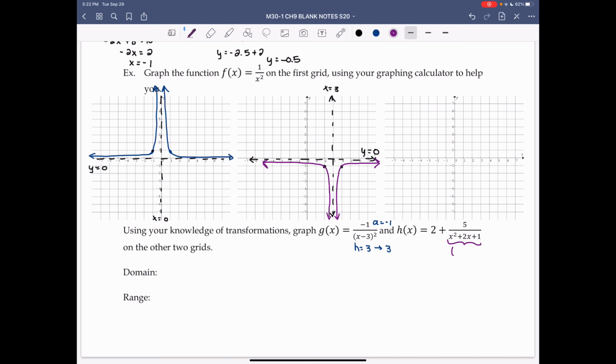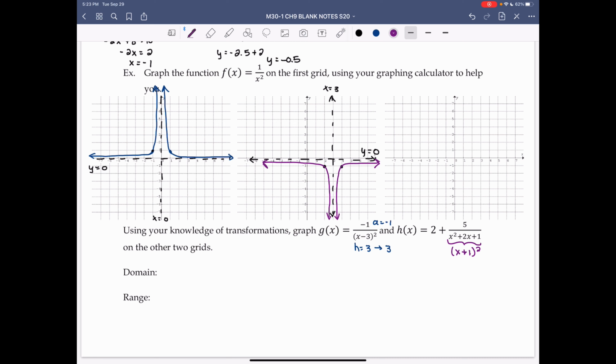And it factors to x plus 1 squared, because x times x is x squared, x times 1 is 1x, 1 times x is 1x, that gives us 2x, and 1 times 1 is 1.